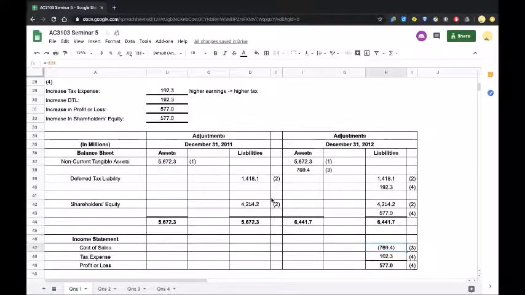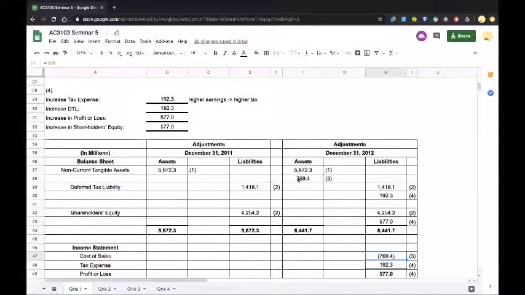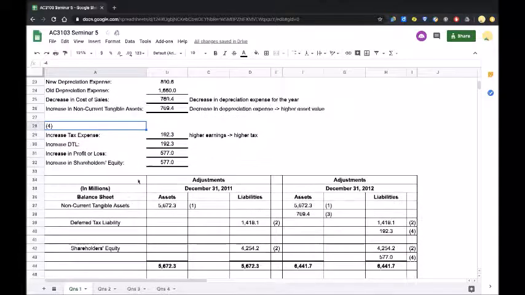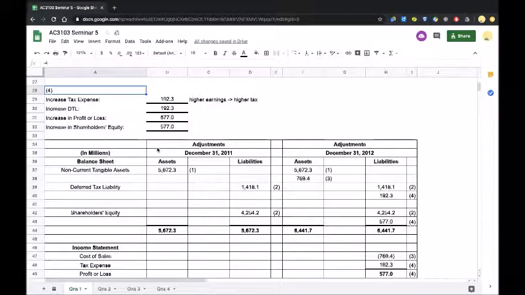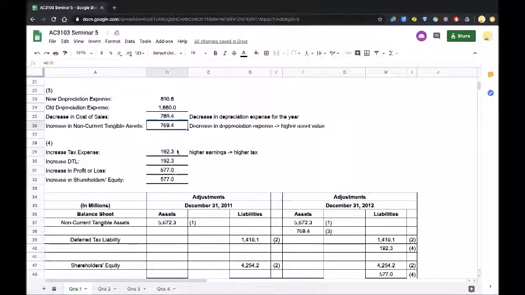And it is also reflected in the balance sheet under non-current tangible assets due to a decrease in depreciation expense. And moving on, because of the decrease in cost of sales, the tax expense in 2012 will be higher, by 192, which is the tax rate 25% multiplied by the change in cost of sales.